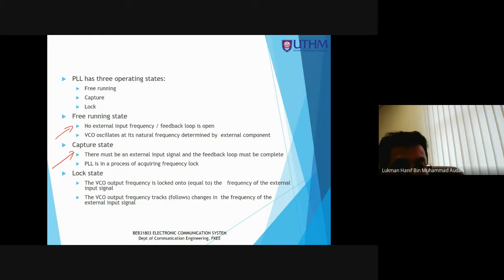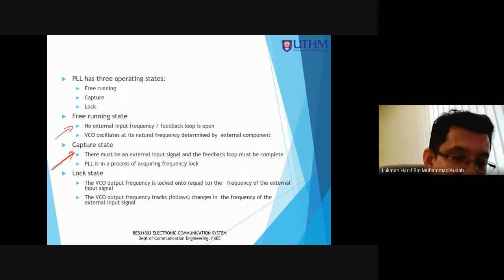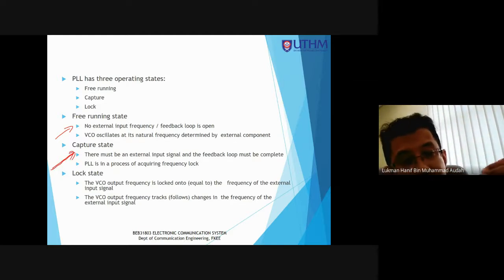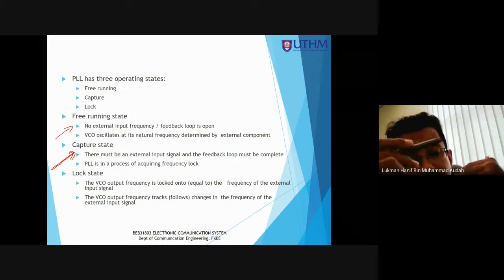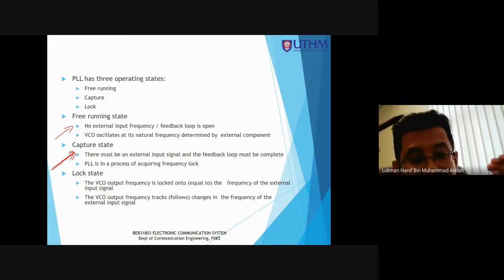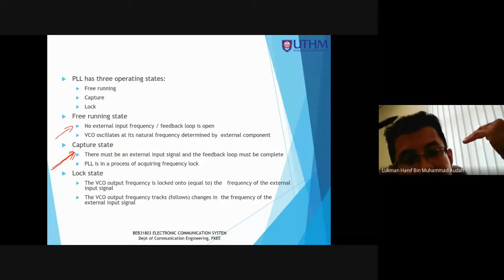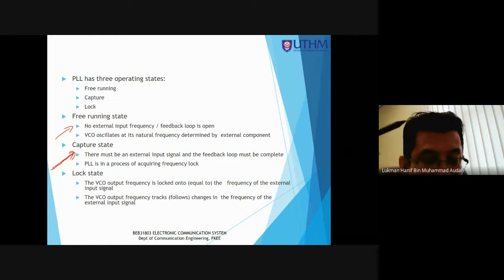Capture state means that there's an input, but it is not the frequency that we want. Dalam capture state ada input, tetapi PLL dalam proses untuk mencari frekuensi yang diinginkan. We try to find the frequency that we need.